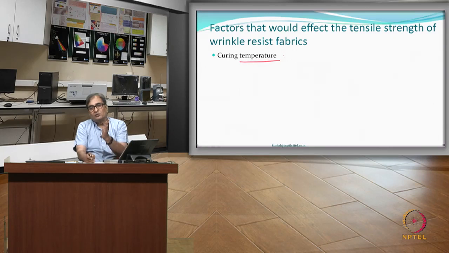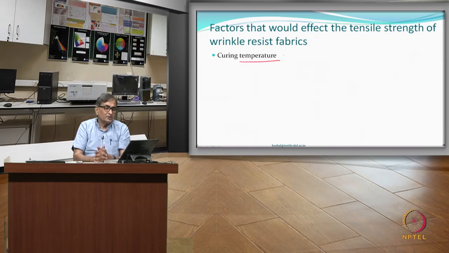We said the temperature could be increased from 120 to 150 or 160 depending upon the reactivity, the GSM of the fabric and the time that you give for completion of reaction. So, curing temperature. We are obviously interested in completion of a reaction, but during this process the fabric is also being subjected to higher temperature.